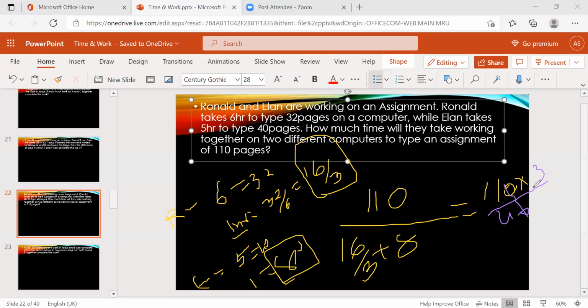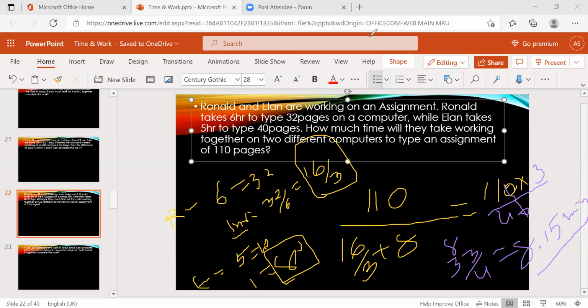The zeros get cancelled and it's nothing but 33 by 4. 33 by 4, just convert into hours. 8 times 4 is 32, right? So 8 hours and 1 by 4. 1 by 4 is nothing but 15 minutes. 8 hours 15 minutes they will take. Clear?